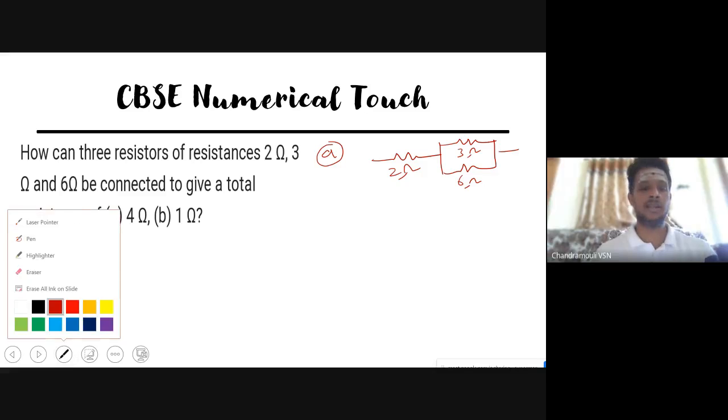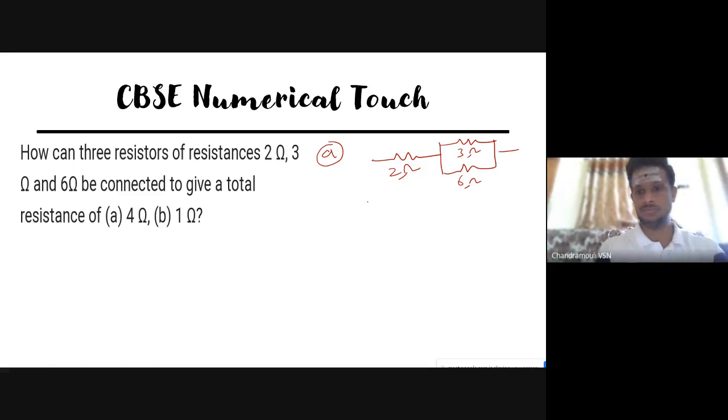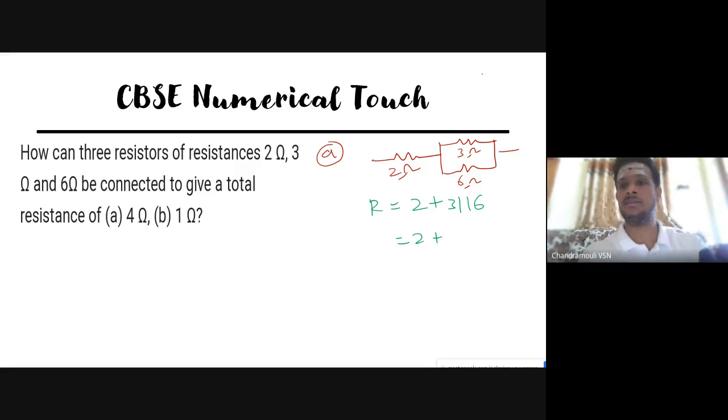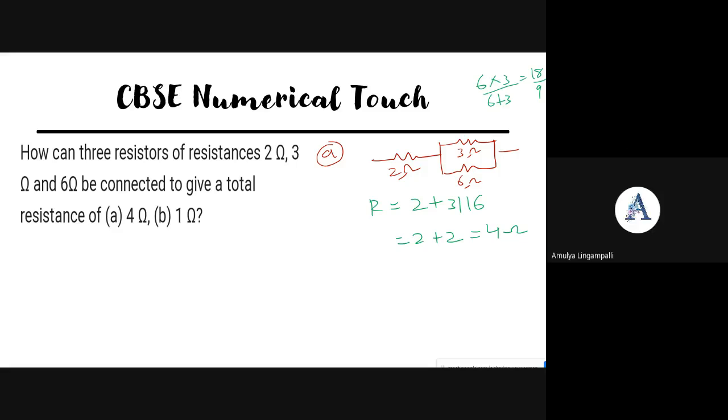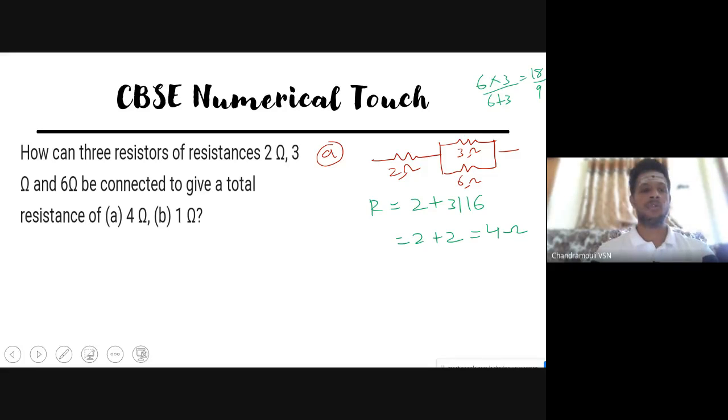You can try this by trial and error method. How are the 6 and 3 joined? Parallel. So the net resistance is 2 plus 3 parallel with 6. Here I can write 6 into 3 by 6 plus 3. Yesterday we did this. 18 by 9. What is the answer, beta? 2. Therefore it gives 4 ohm.